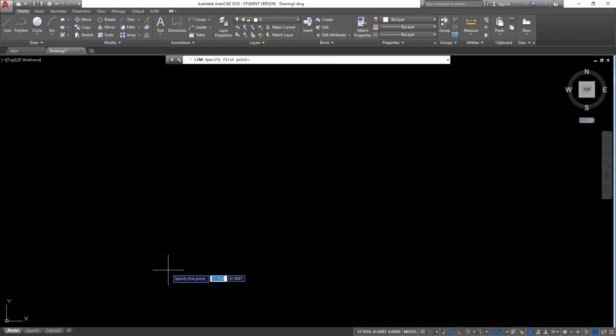For example, if you want to draw a line from a point that is 40 units away from the origin at an angle of elevation of 32 degrees, you just type 40 in this field, and then you need to type the less than symbol, that is the comma or shift comma key in the keyboard.